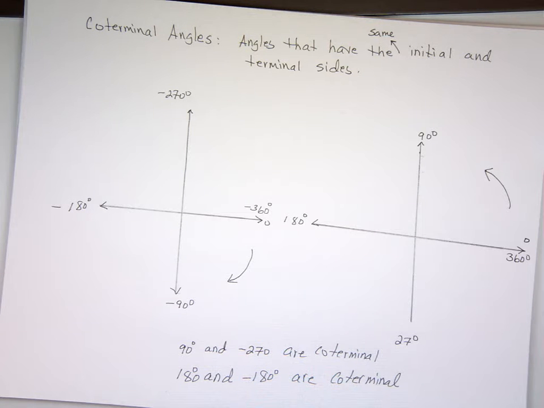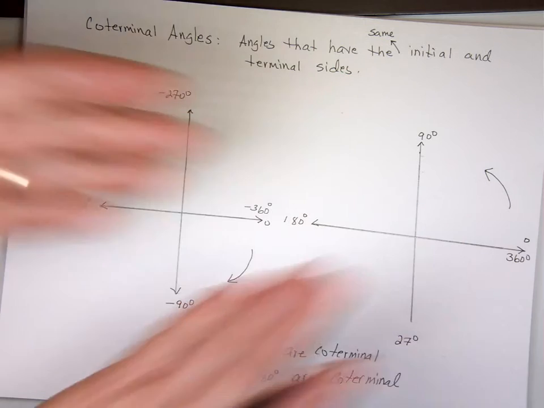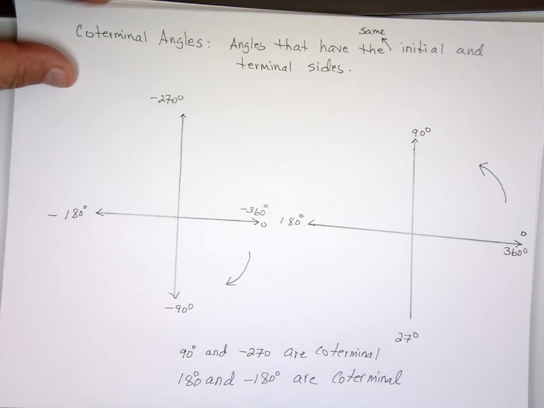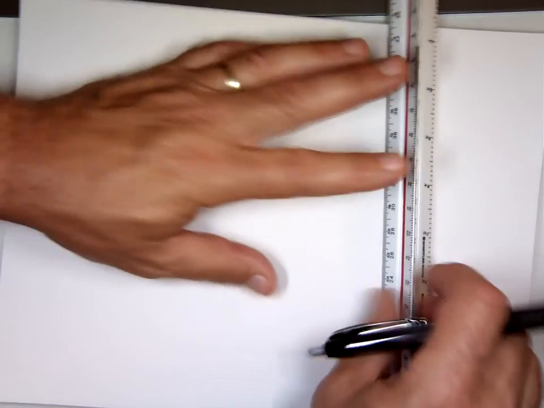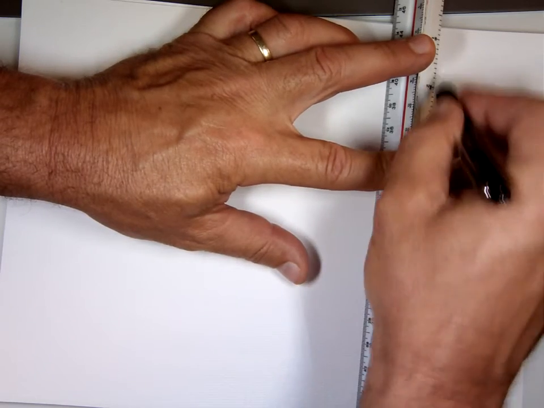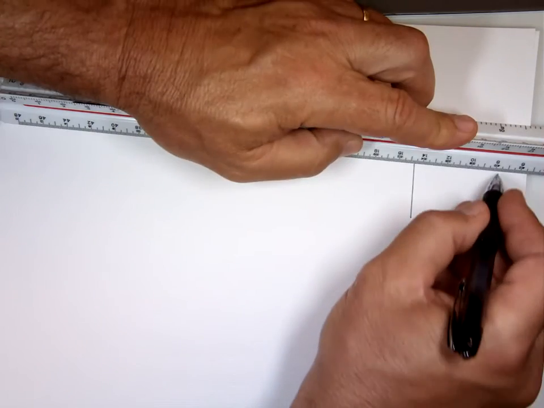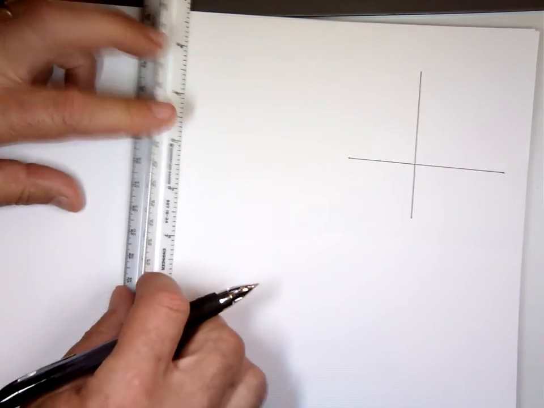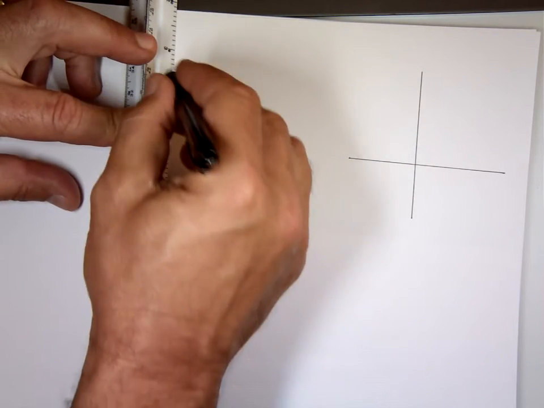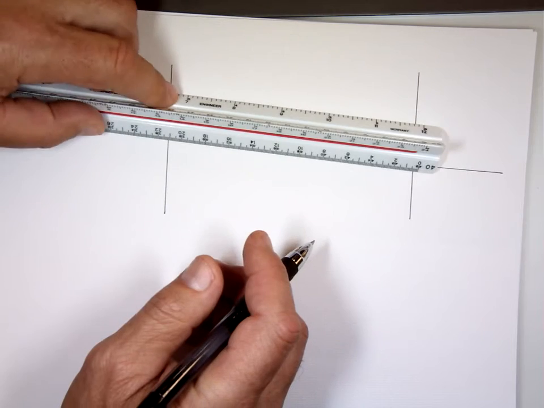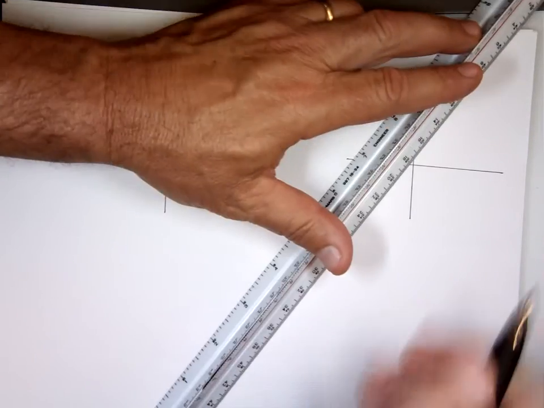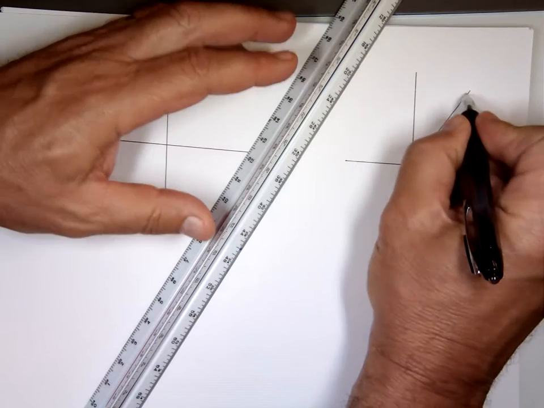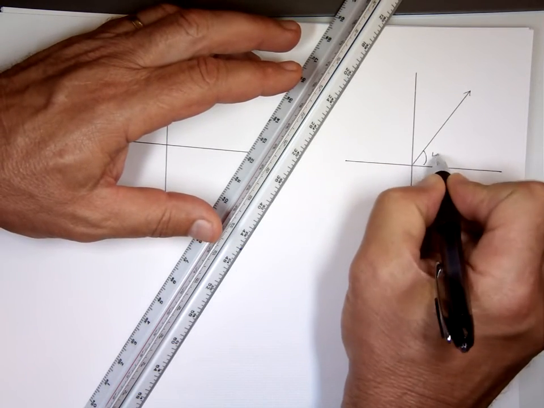What about if the angle is not a nice angle like 90 and 270 where you can look at them and say it's obvious? I'll give you more than one. Maybe color them. This is one. This is another one here. Let's say the 47-degree angle. What's the coterminal to the 47-degree angle?